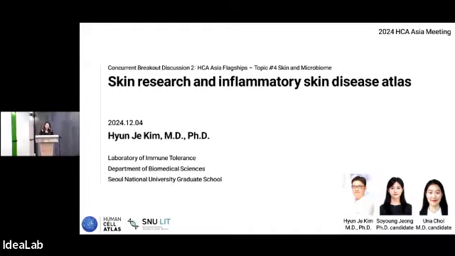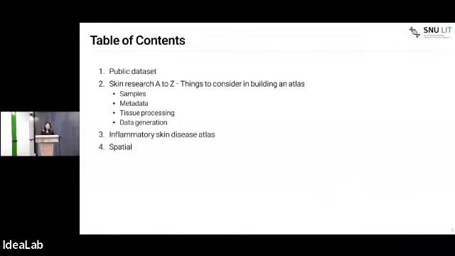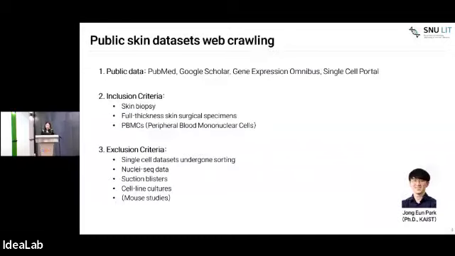Thank you for the introduction, and I am Yuna Choi, and today I would like to share our lab's experience and thoughts on the skin research. So this is the table of contents. I'm going to introduce the first half mainly about the samples and metadata, and Soyeon will elaborate from tissue processing and introduce her work on skin atlas and spatial studies. For the first, I would like to start with the public data sets used for the annotations and validations for our findings.